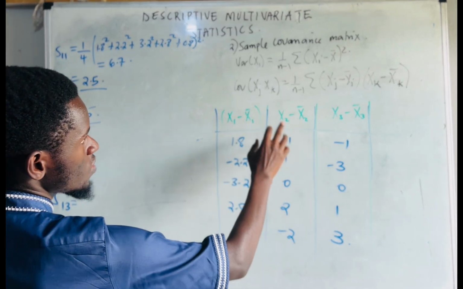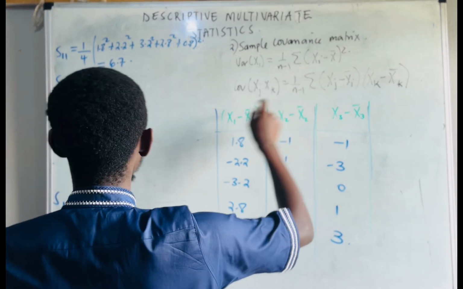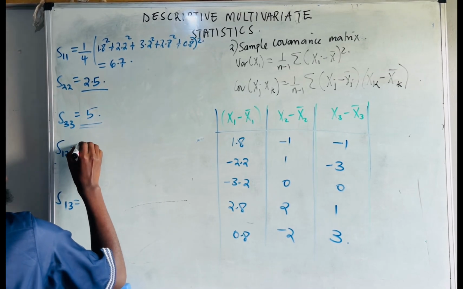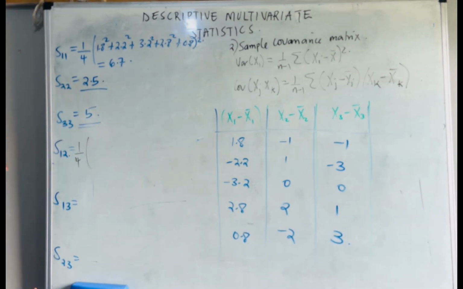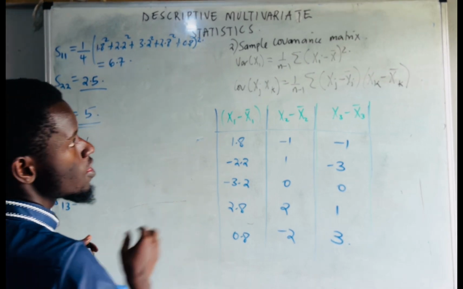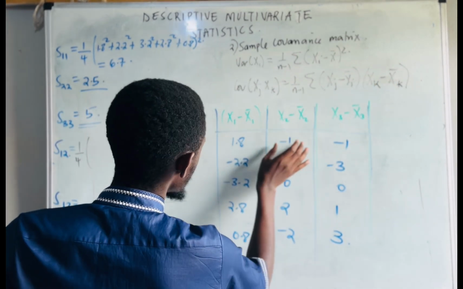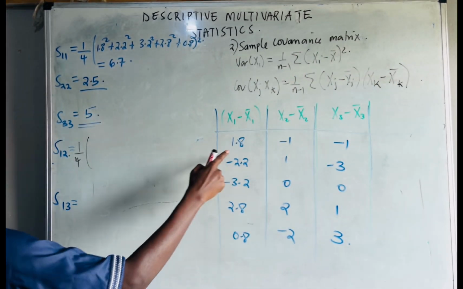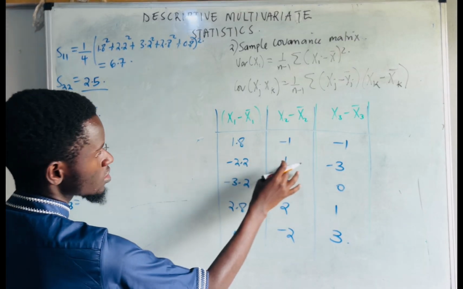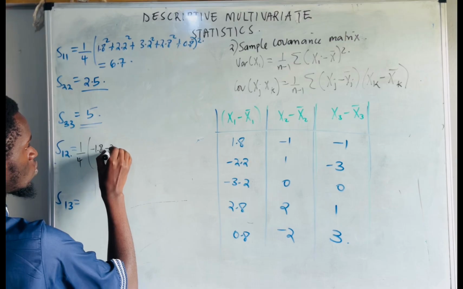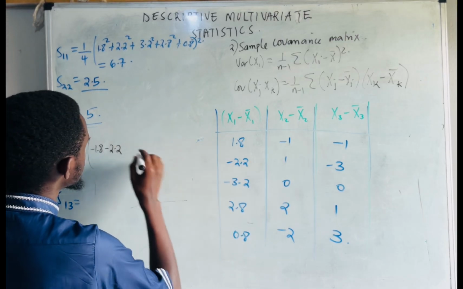1 and 2. Just use this formula. 1 over n, which is 1 out of 4, into, yes? Together, we need this times this times this. We shall have this one times this one, negative 1.8, plus this times this, minus 2.2. This times this is 0.